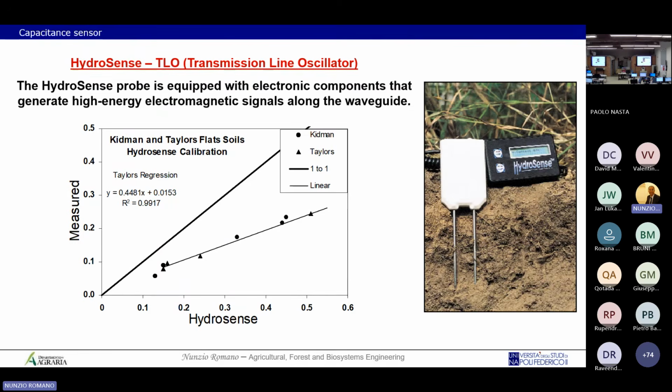The soil works as a dielectric material, and this system again measures the dielectric characteristics, so the permittivity, and then you obtain the soil water content by calibration. And you can see here the HydroSense calibration that you can find even in the literature.